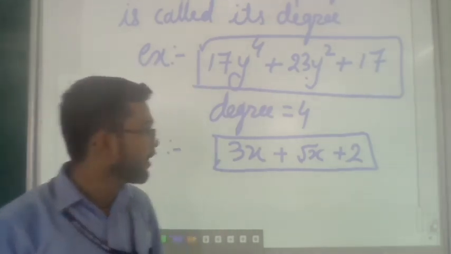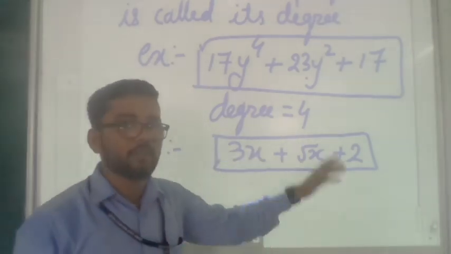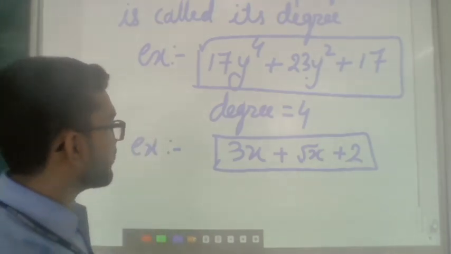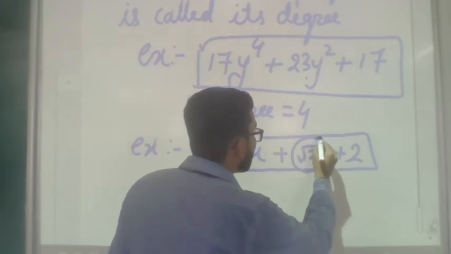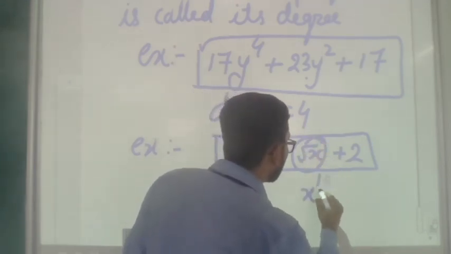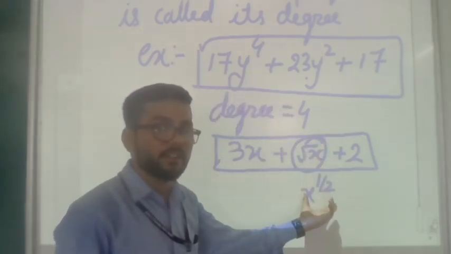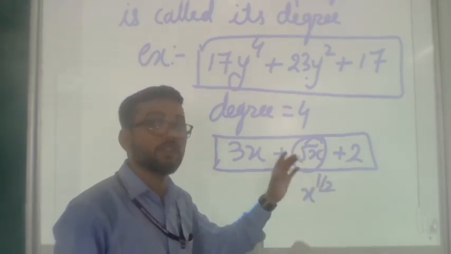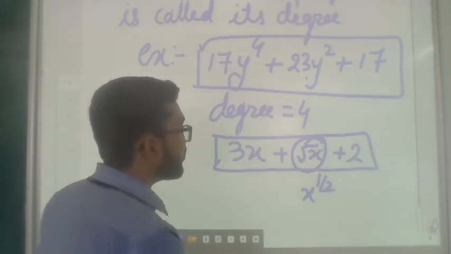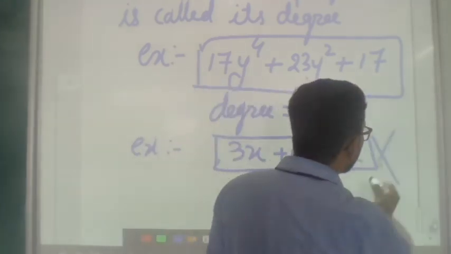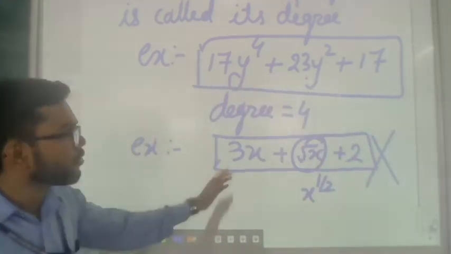Can anybody say? Yes, you are right. This is not a polynomial because the power of this variable is 1 by 2, which is a fraction. It is not a positive integer. That is why this is not a polynomial. So the degree of this is not defined because it is not a polynomial.